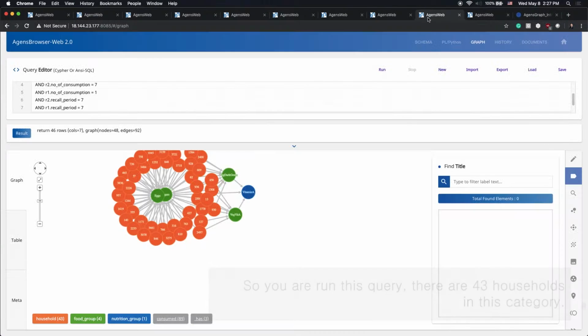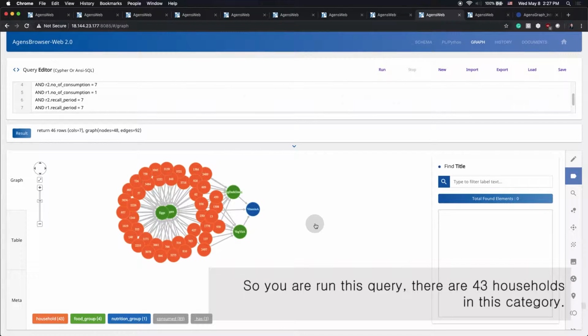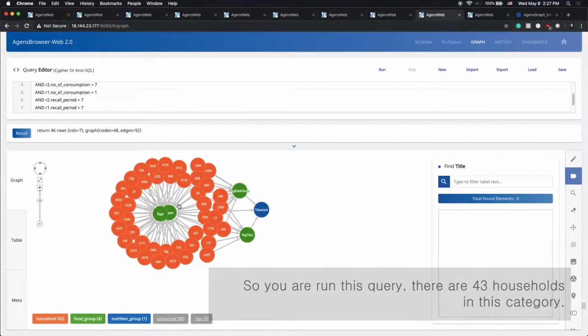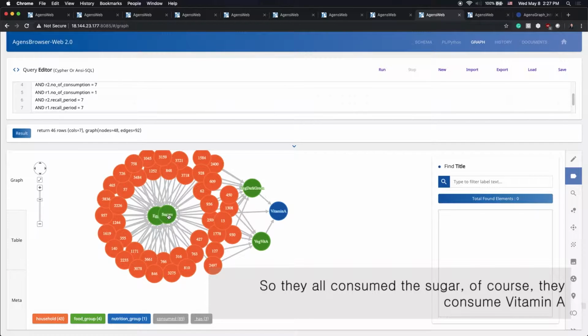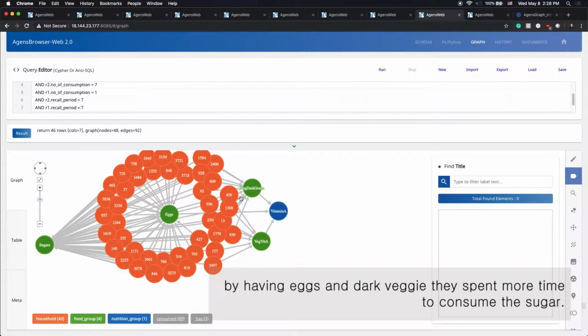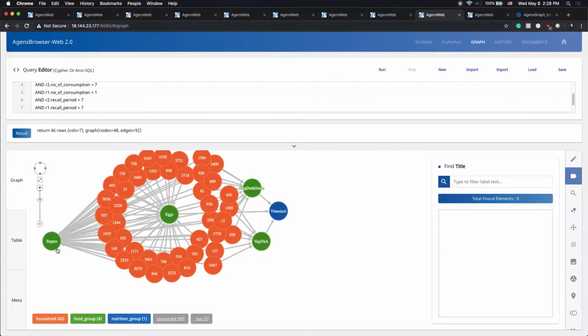When you run this query, there are 43 households in this category. They all consumed sugar. Of course, they consumed vitamin A by having eggs and dark veggies, but they consumed sugars more often.